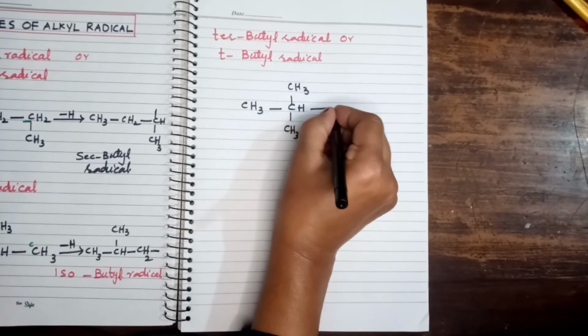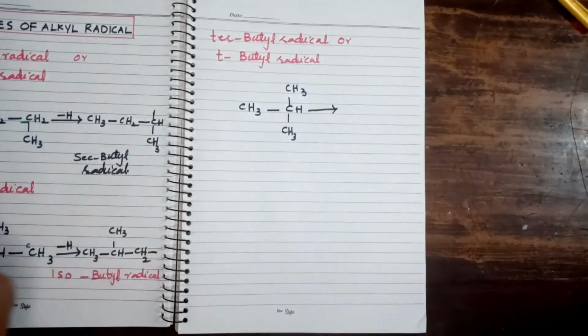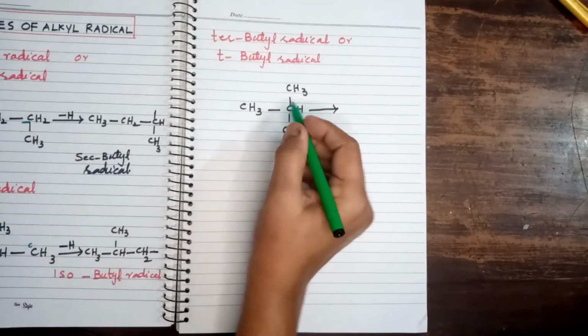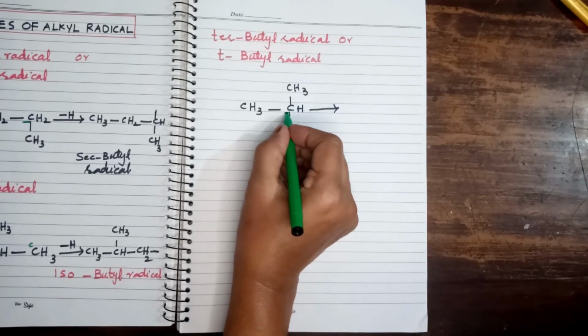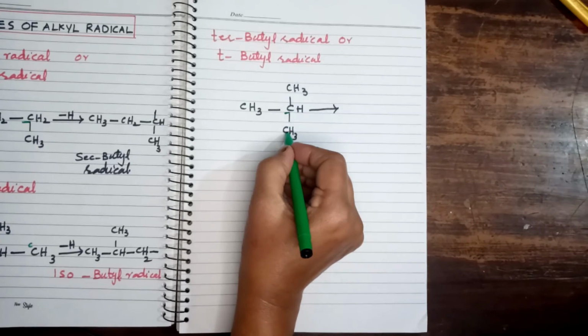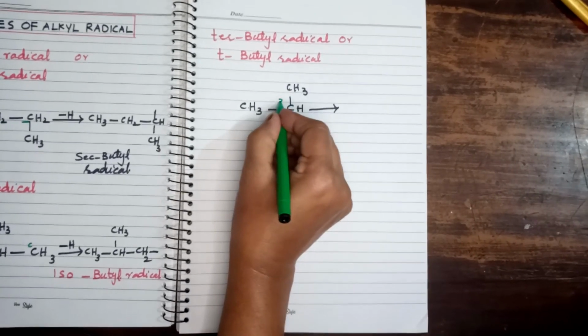Now, if we remove one hydrogen from the tertiary carbon, dear students, we can notice which carbon is the tertiary carbon. See this carbon, the carbon atom which is further attached with 1, 2, 3 more carbon atoms is the tertiary carbon.